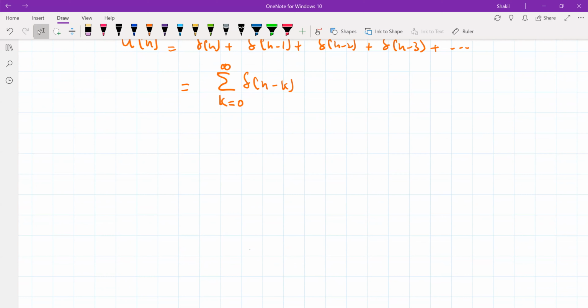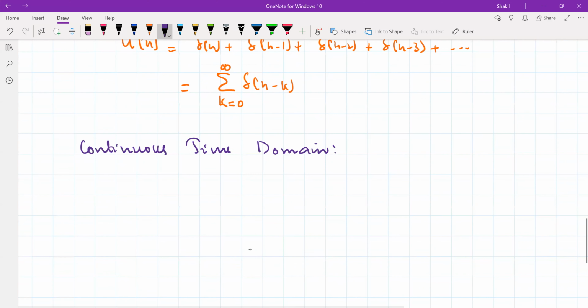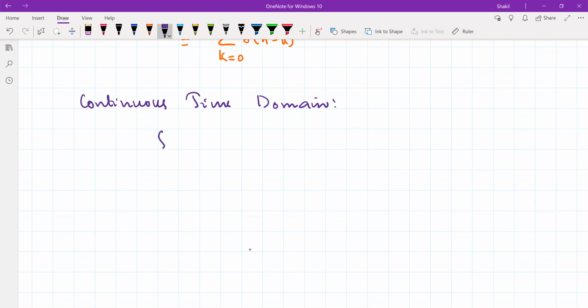Now, if you remember, in the continuous time domain, what is the relationship between delta of t and u of t?